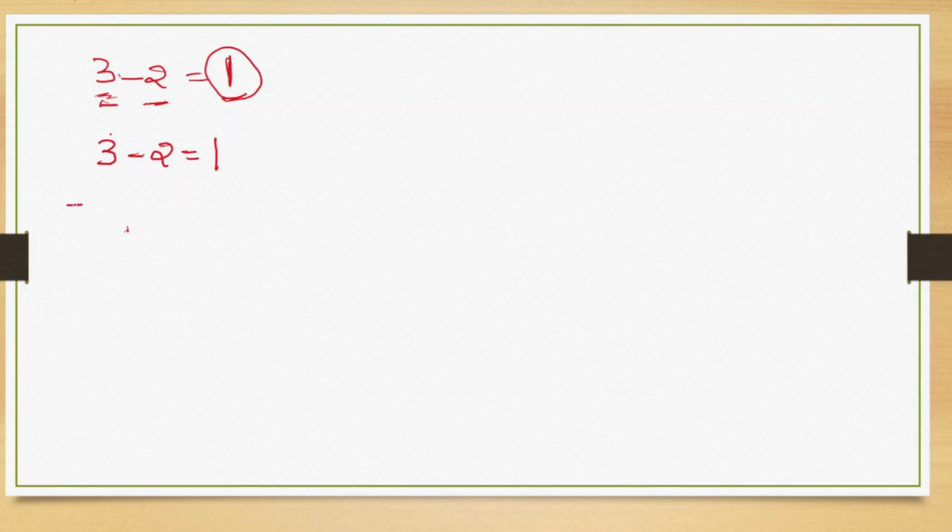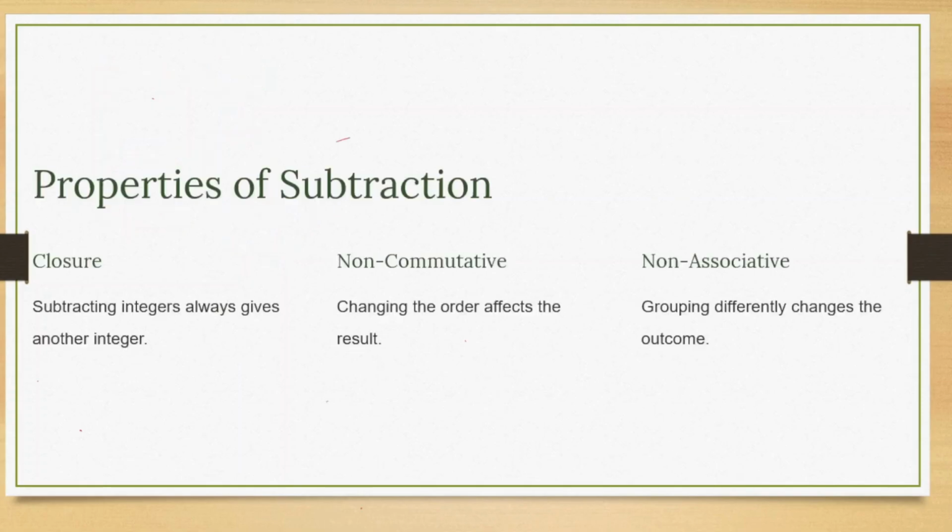But when we change the order, 2 minus 3, what is the result? -1. The result changed. So we can conclude that changing the order affects the result, and so subtraction is non-commutative.